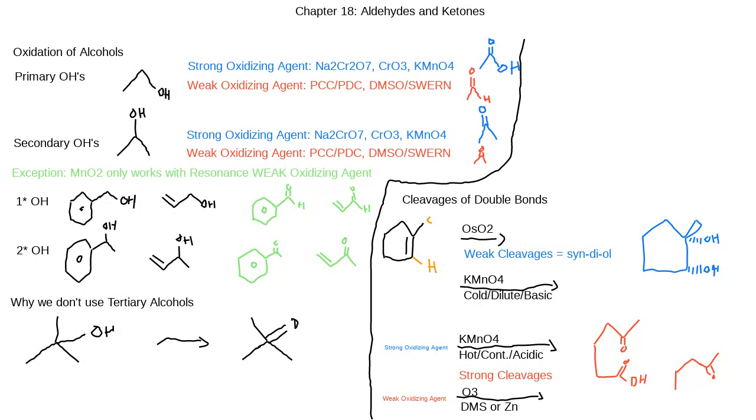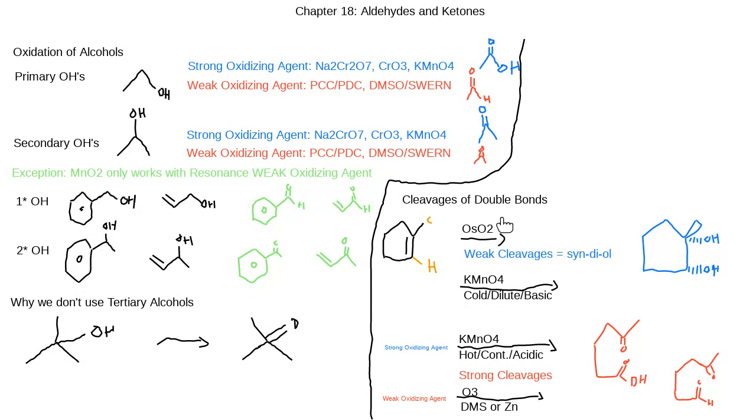So again, the top part is a ketone, and then the bottom part, instead of being a carboxylic acid, and I want you guys to think about this for a second. If a strong oxidizing agent will create a carboxylic acid, what would a weak oxidizing agent create right here? Okay, if you guessed aldehyde, you are correct, and you are well on your way to getting an A.